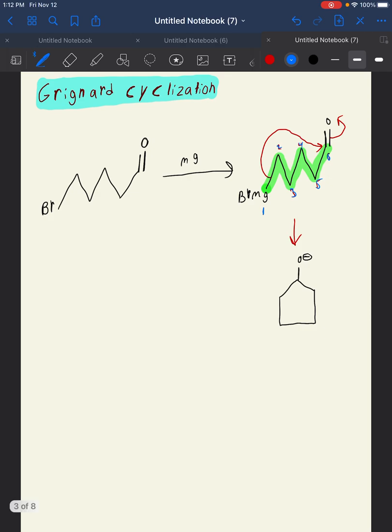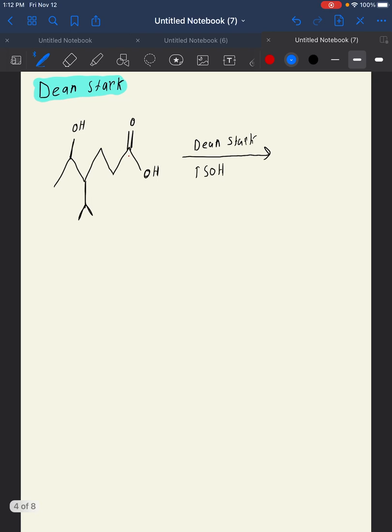Pretty simple. Moving on to the Dean-Stark. All the Dean-Stark does is make water leave. So here we could have either this leave or this leave as water. Basically how that works is a hydrogen will come in and attack one of these oxygens, making this oxygen positively charged.